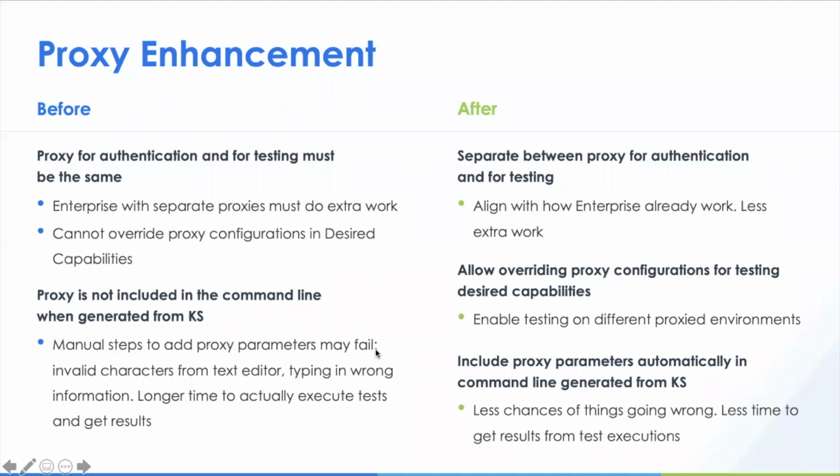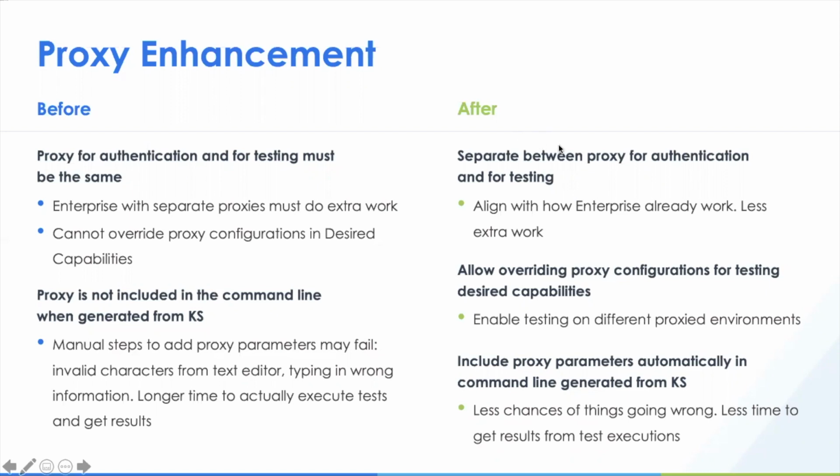So first of all, you can type in the wrong password, you can type in the wrong credentials, or you can copy and paste from a text editor which carries an invalid character onto the runtime engine. So you won't be able to execute tests on runtime engine in a proxy environment. So faced with those challenges, in Katalon Studio 7.5, we introduced a new method for handling proxy.